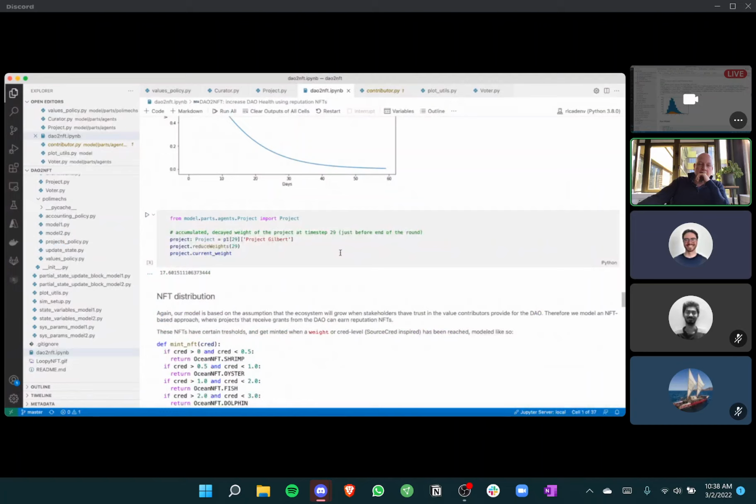So this is quite generic. Then, of course, the weight distribution about the NFTs. When do you earn certain NFTs? What you see here is that if at this point in time you have a weight of 17, you will be earning a Manta Ocean NFT level.